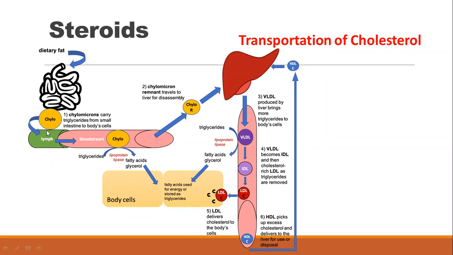Okay, so it goes into the lymph and then to the body bloodstream, and then the chylomicron again would convert the triglycerides into fatty acids and glycerol using the lipoprotein lipase, and then it will be carried into the body cells.